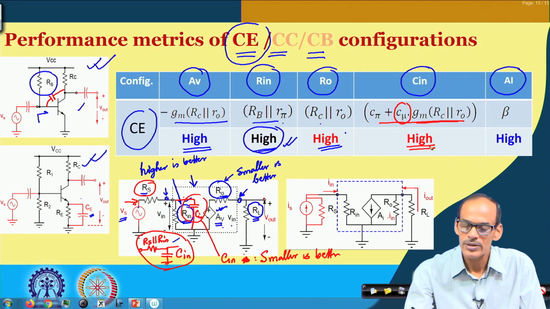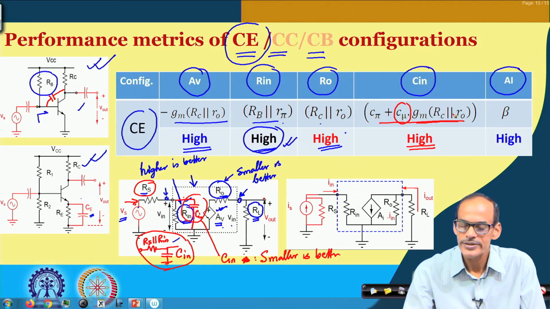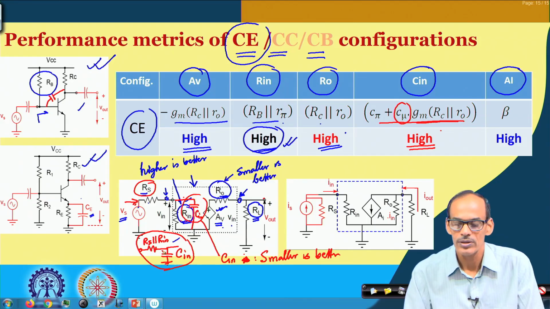Say for instance, C mu may be in the order of a few picofarad to maybe 10 picofarad, and if the gain is 100, then it gives us a capacitance in nanofarad, and a nanofarad capacitance may create a bandwidth limitation of the overall amplifier.